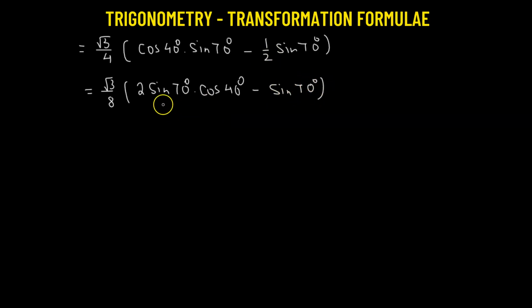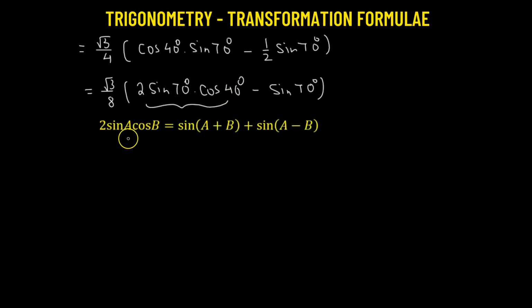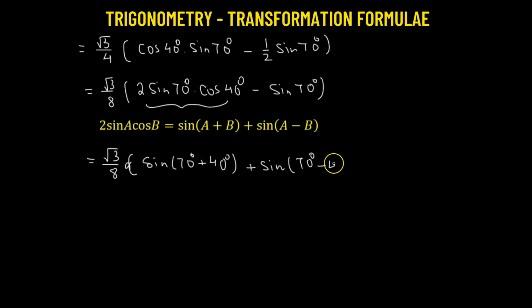The reason why we pulled out the half is because now we have another transformation formula. 2 times sine A times cosine B will be equal to the sum of two sine functions. So let's apply it. So we get square root of 3 over 8 multiplied to, so here we have sine of angle A plus B, so that will be sine of 70 degrees plus 40 degrees, plus sine of angle A minus B. So we have sine of 70 degrees minus 40 degrees, minus sine 70 degrees.